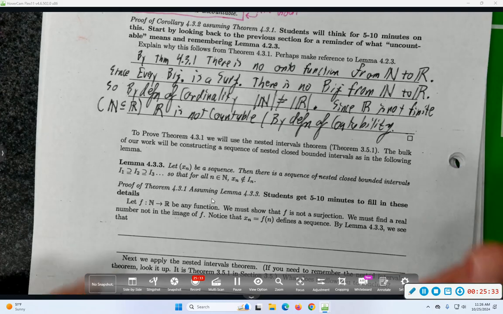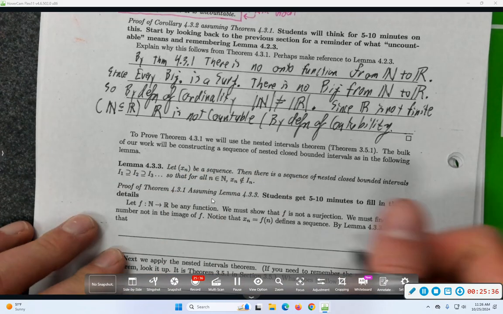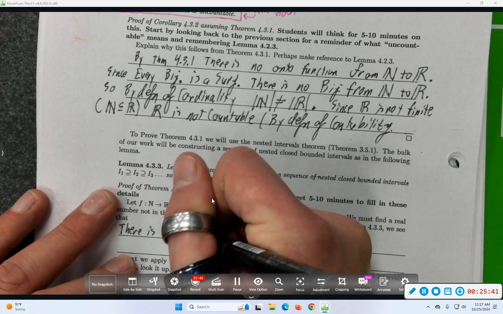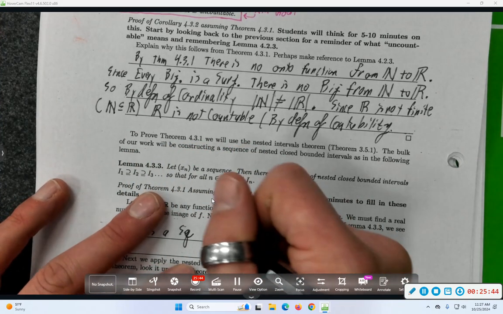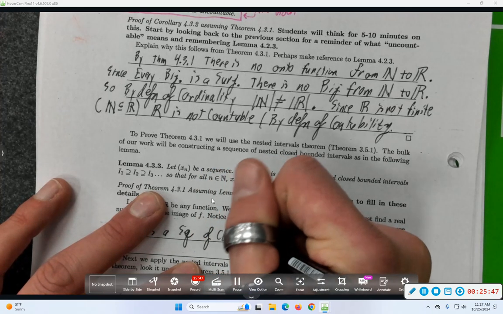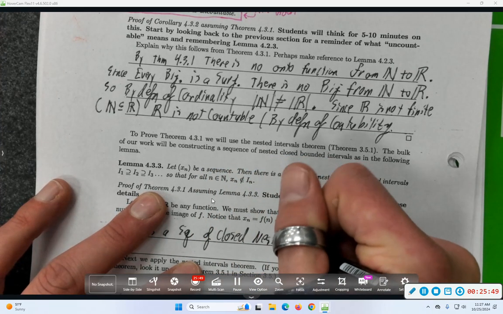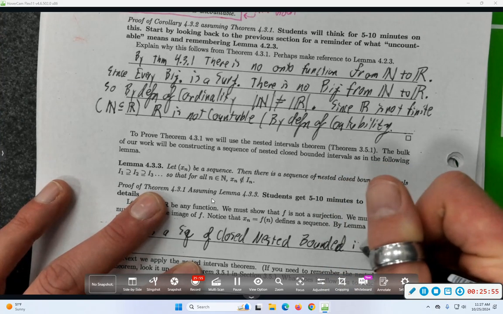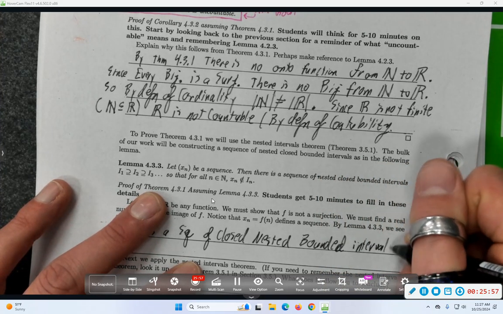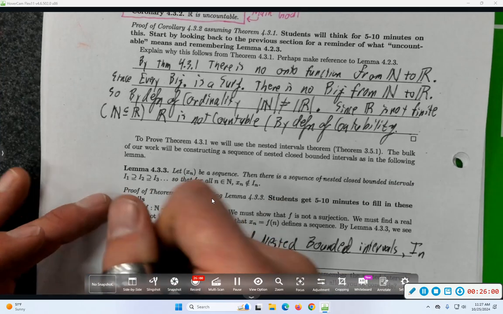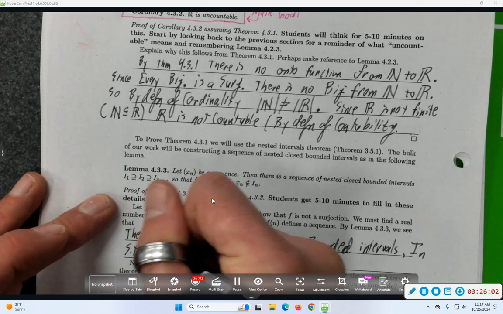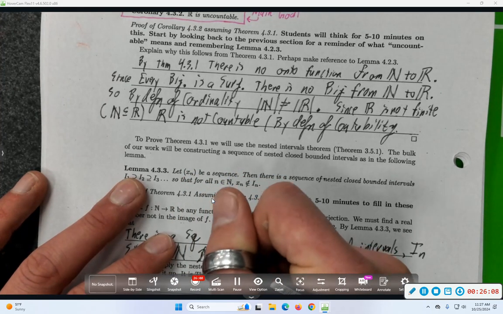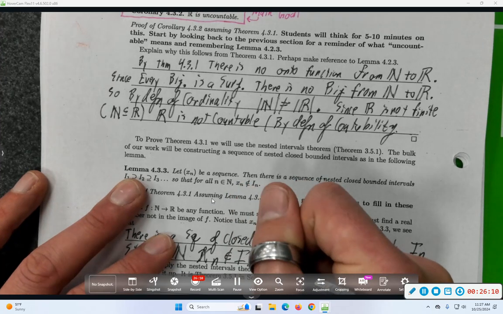So, by lemma 4.3.3, we see that there is a sequence of closed, nested, bounded intervals In such that for all n in N, xn is not in In.